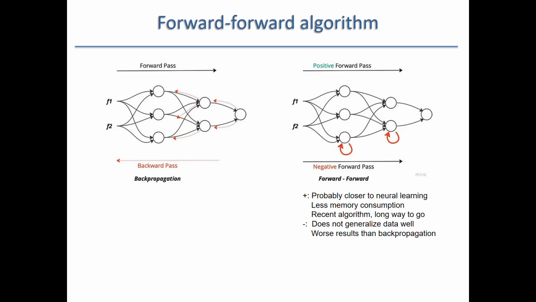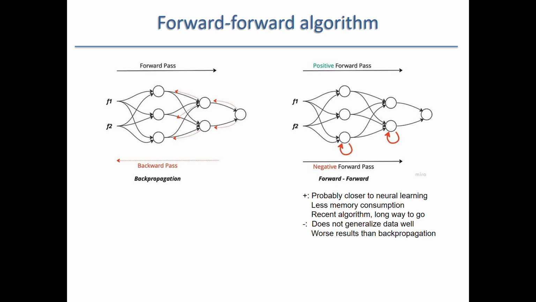So let's say that we have a positive and a negative example of two data points. So we have two data points, one is positive, another one that is negative.